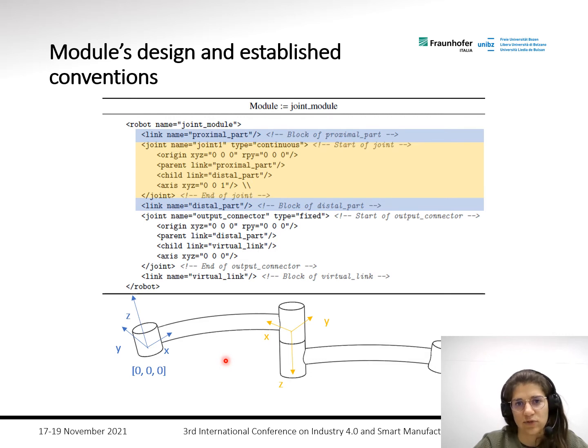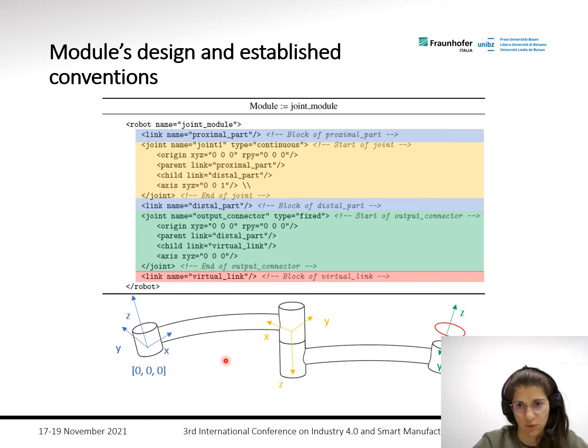And then at the end, we also add these output connector frames and a final virtual link that is always inserted in order to obtain the information about the kinematics and the position of the output connector. Here, obviously, we always set 0 just for the sake of clarity, but each of these 0 must be substituted with the correct value of translation and rotation information.